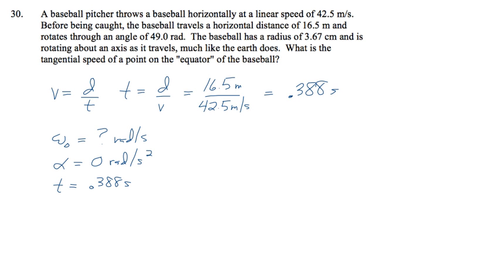And we know the theta. The theta is 49 radians. So that's how much it actually rotates in the time to get from the pitcher's hand until the catcher catches the ball.